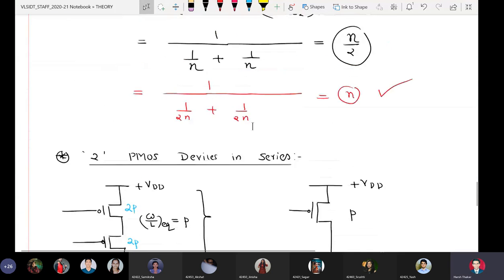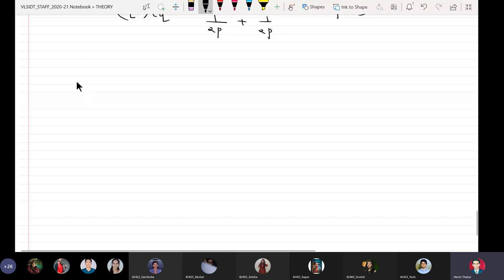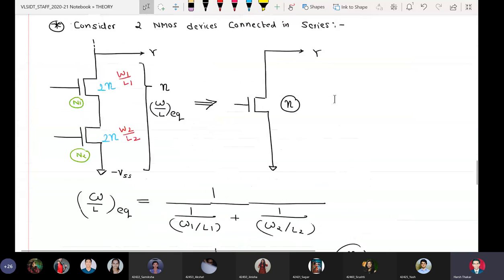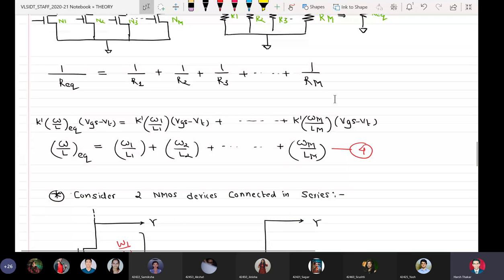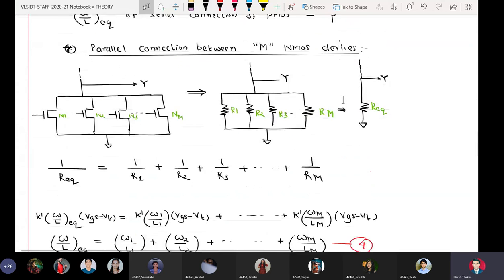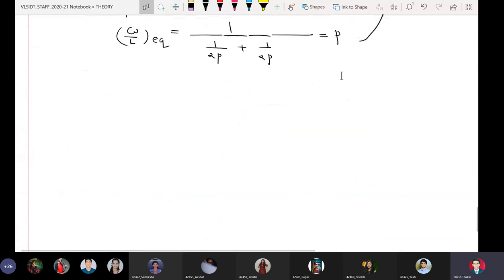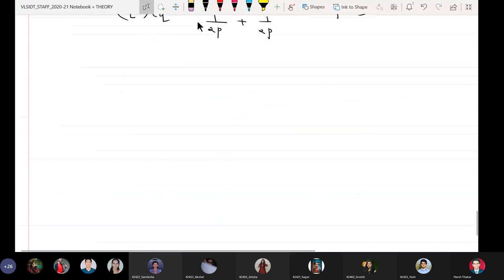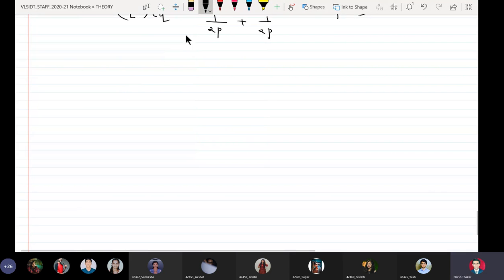Okay. It's very clear. Now, last but not the least, the discussion, what about when MOSFETs are connected in parallel? While we have already derived in equation number 4, what is the equivalent W by L ratio when MOSFETs are connected in parallel, let us take a practical scenario here, and we will see which rule we must apply.